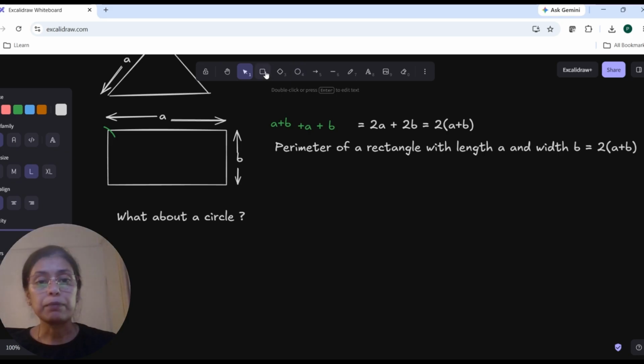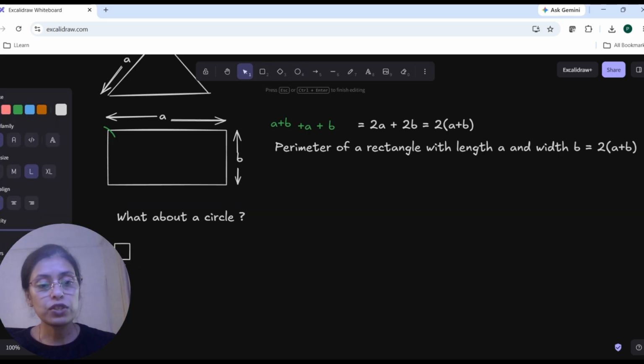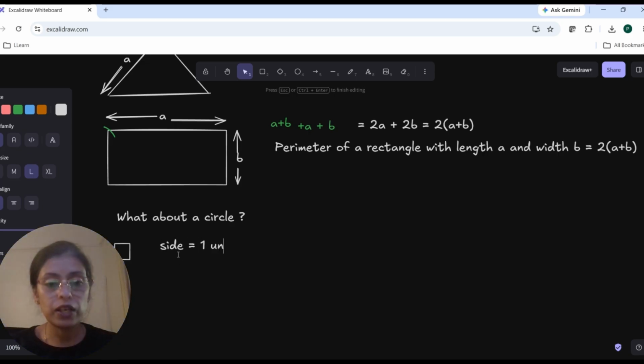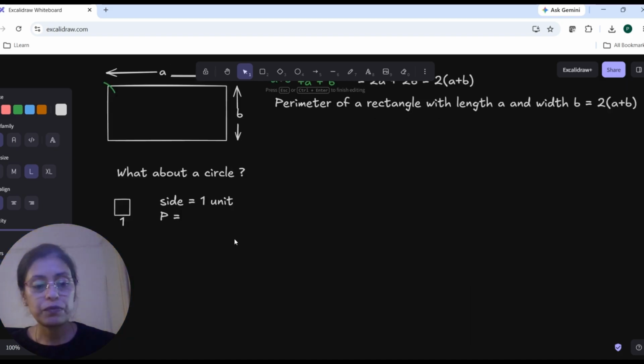For example, they started with a square. Suppose this square has a side of 1 unit. What will be the perimeter? I told you right now, it is 4 times the side, so it will be 4 units.